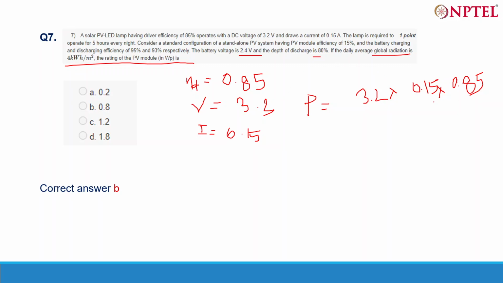So the first thing is that you need to calculate the power. This is around 0.48. This is the power of the LED lamp, 0.48. Then this lamp is operated for 5 hours. Total energy required, multiplying by 5, will be 2.4 watt hours per day.